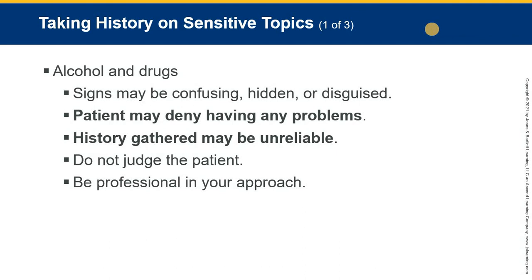And whether or not you can actually see something, they'll just deny it to your face. These people, because they're generally altered, may be unreliable historians. Another kind of unreliable historian would be somebody that has dementia. All right, whatever the case, if they're on drugs or alcohol or whatever, don't judge the patient and always be professional.